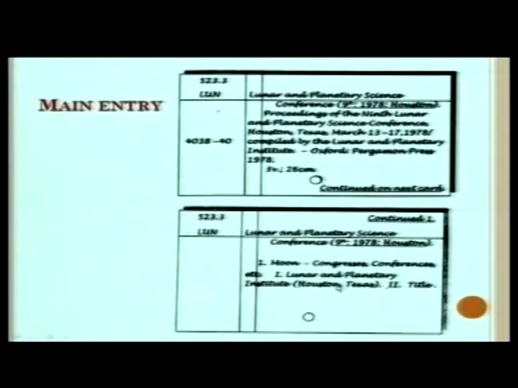It is very simple. We have to simply remember that while writing the main entry, the entry should be the name of the conference, within brackets the number of the conference, the year of the conference, then the place where the conference is held. The rest is the same as we have done for other types.